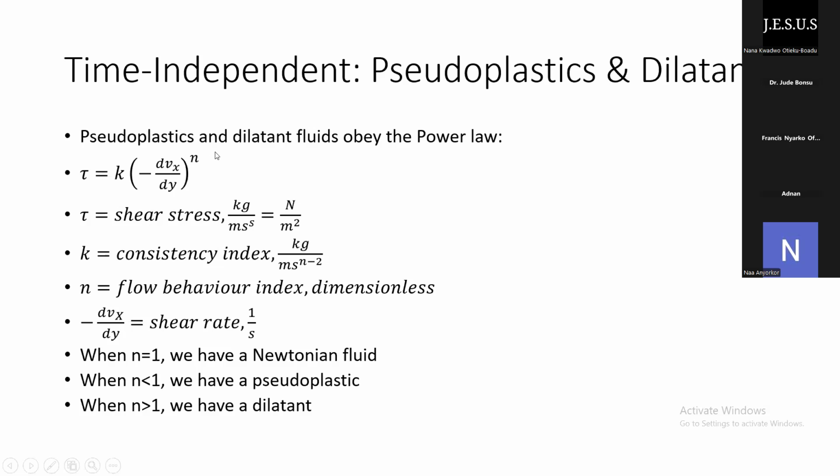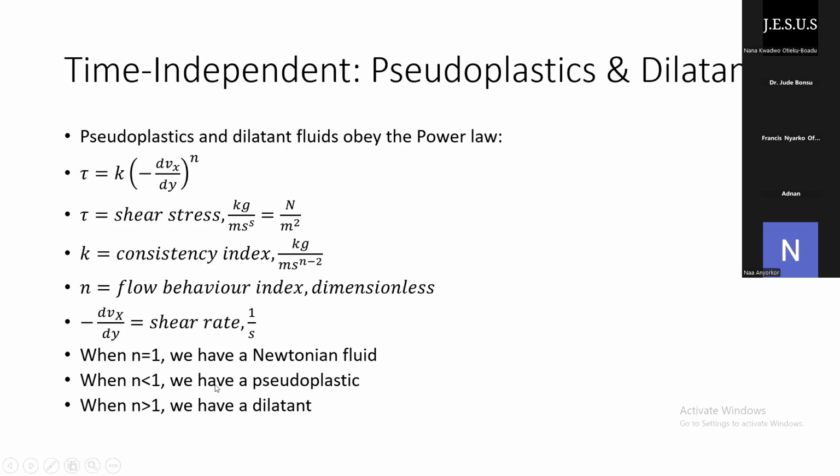So based on the n, you can differentiate between pseudoplastic and dilatant fluid. Our n here is the fluid behavior index. When n is equal to 1, we get a Newtonian fluid. It becomes the Newton's law of viscosity, and that becomes a linear function too.